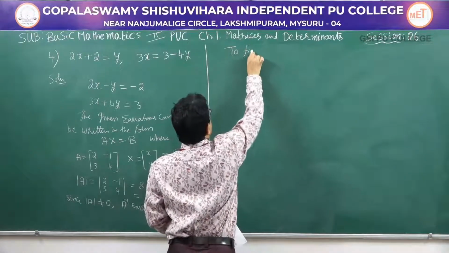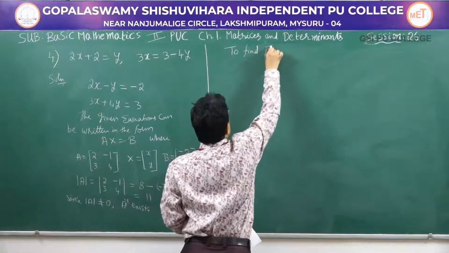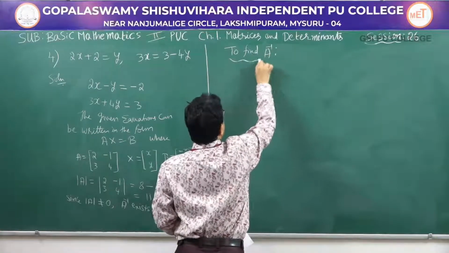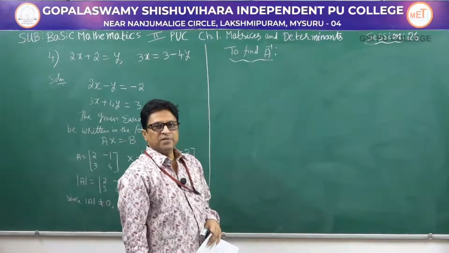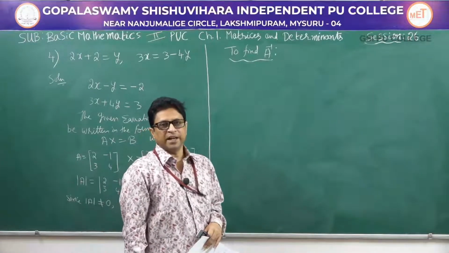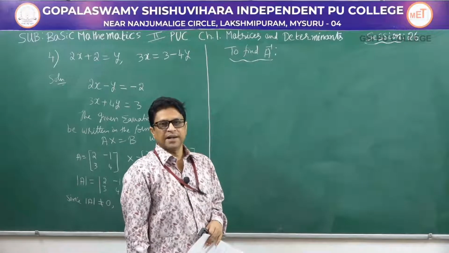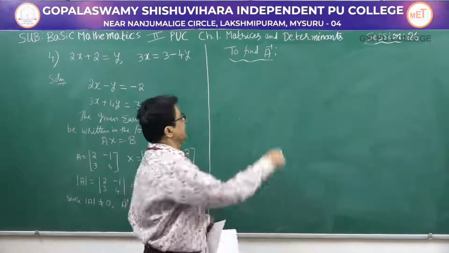To find A inverse, we know that A inverse is equal to adjoint A by determinant A. So let us find adjoint A.